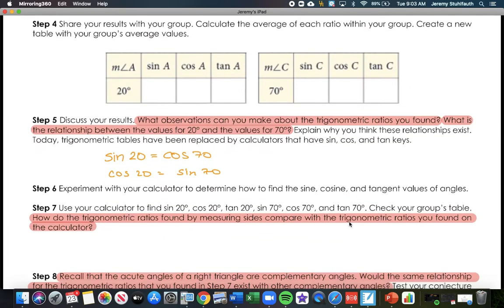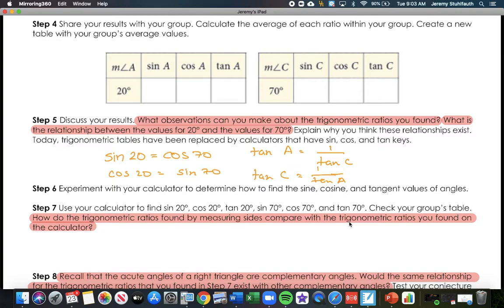So we can say tangent of A is equal to 1 over tangent of C, or tangent of C is equal to 1 over tangent of A. So the tangents of those angles are reciprocals of each other.